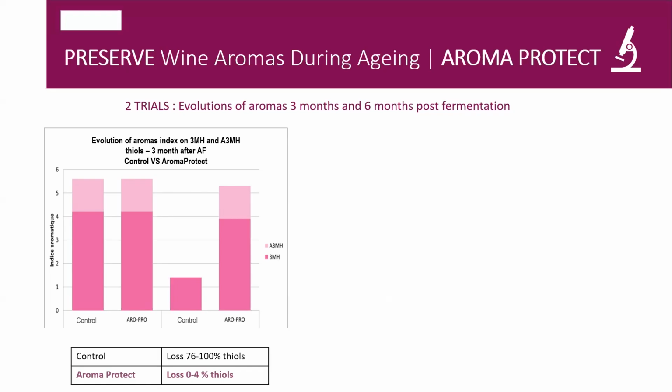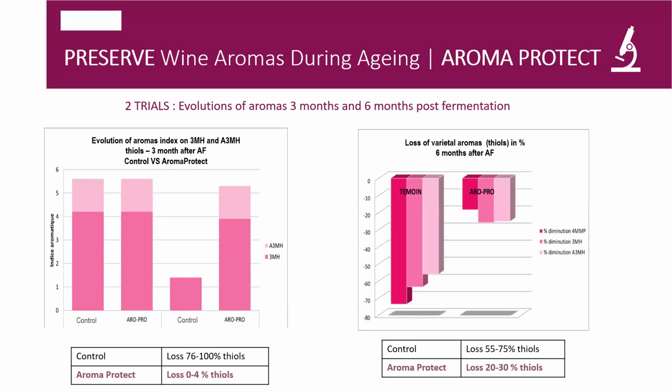We see that 3 months after, aged in a stainless steel tank, the control is losing the total amount of A3MH and 76% of the 3MH. So there is a huge decrease of aromas. And compared to that, the wine treated with Aromaprotect almost kept all the aromas. So this is very important to take into consideration.